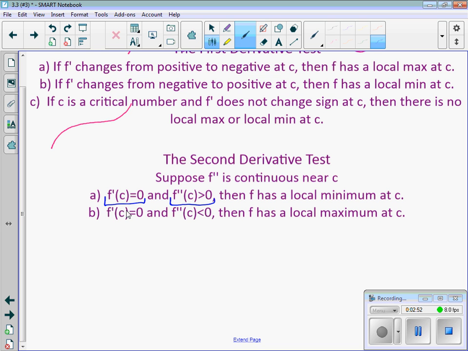So if it has a horizontal tangent and it's concave up, you're going to have something that looks like this, so at this spot there has to be a minimum. Same idea if there's a horizontal tangent and you know that it's concave down: then there has to be a maximum at that spot.